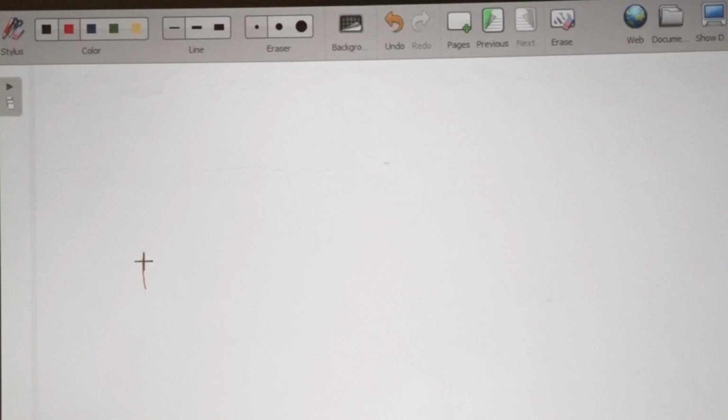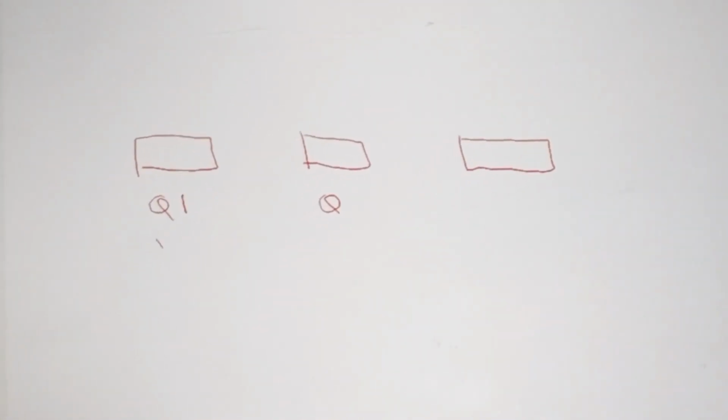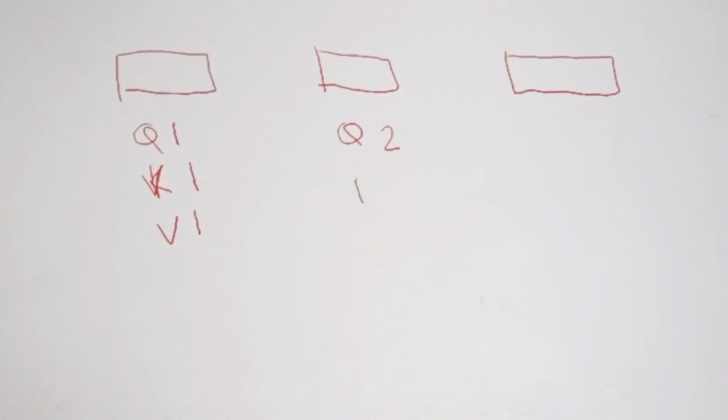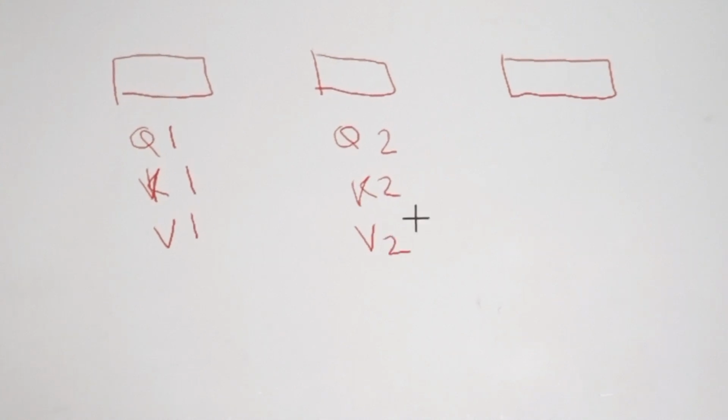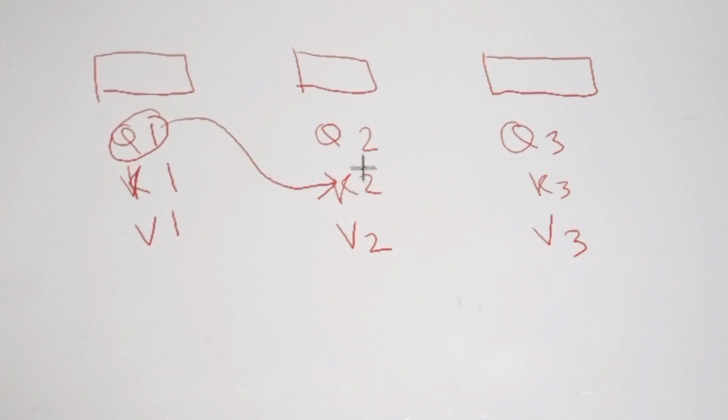So, let us take one word, another word, and a third word. Let us say there is Q1, K1 and V1, Q2, K2 and V2, Q3, K3 and V3. Now what happens? The query of this word is multiplied with K2 to see what is the influence of this word on this one.